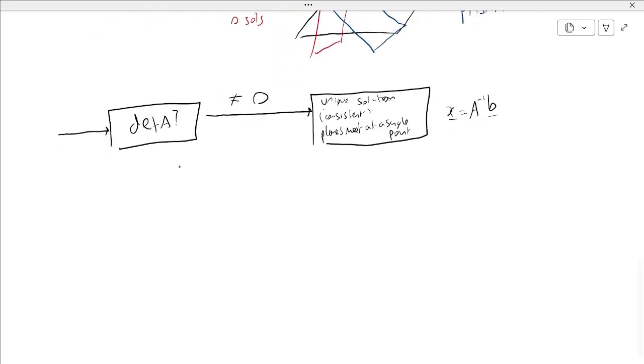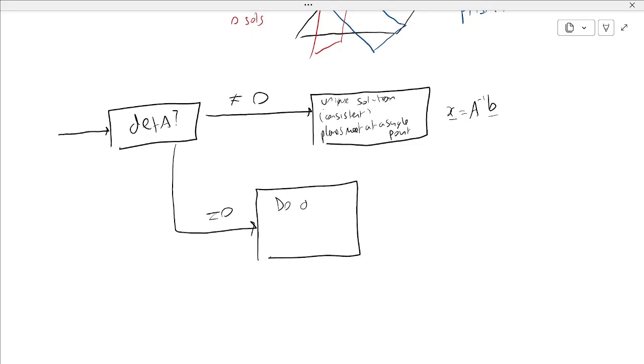And the second possibility is if the determinant is 0, in which case you do the algebra. If your algebra spits out something like x plus 2y equals 5 and 2x plus 4y equals 9, we can see these two equations are not the same.